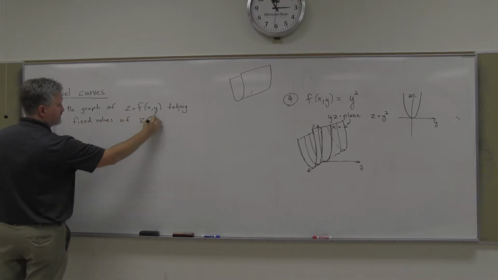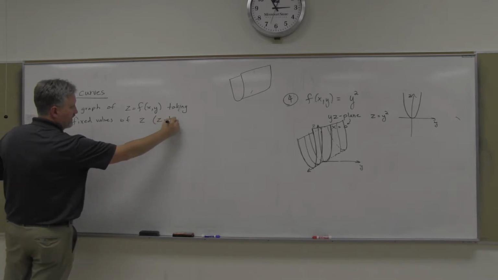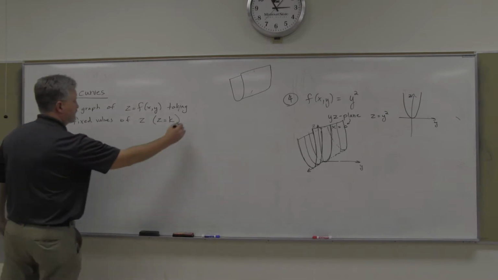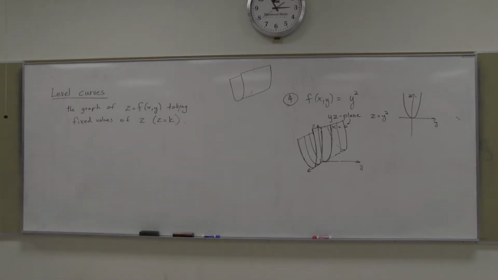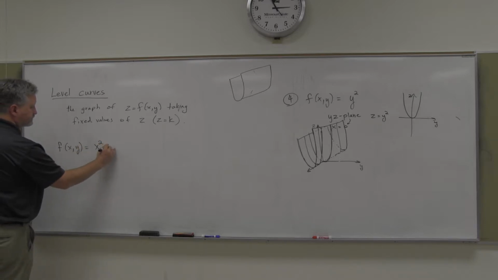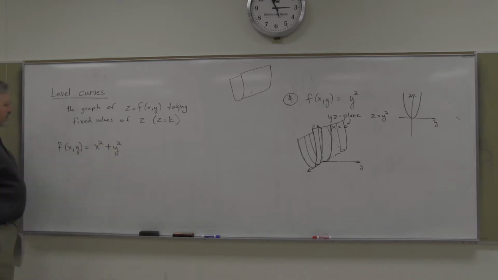In other words, taking z equals some constant k. So it's thinking about the graph of z equals f of x, y, taking fixed values of z, or z equals a constant. For example, f of x, y equals x squared plus y squared.